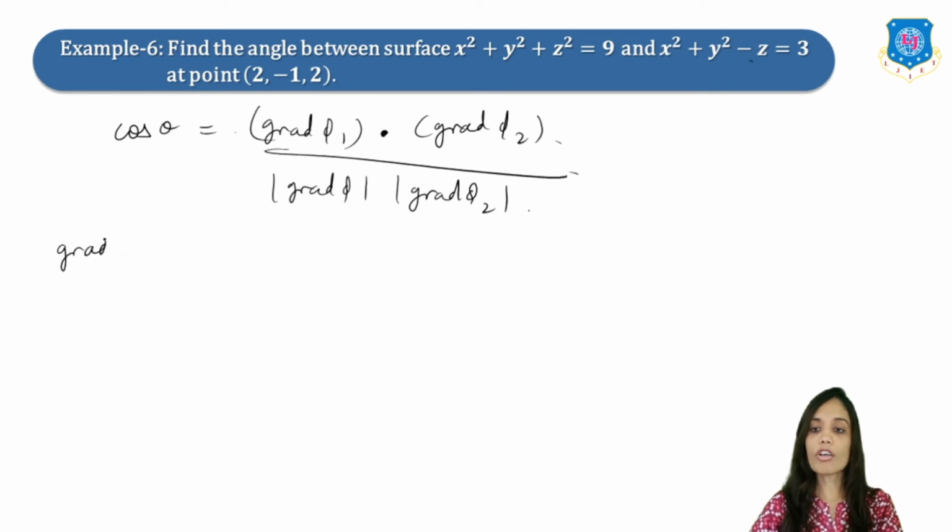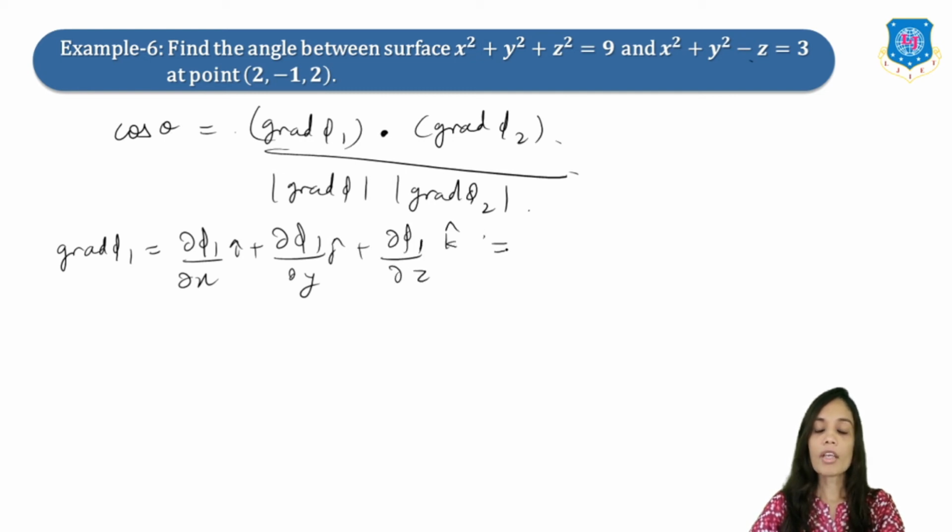So now let us find the gradient of the first surface. Gradient of phi 1 will be equals to del phi 1 upon del x i cap plus del phi 1 upon del y j cap plus del phi 1 upon del z k cap. So let us find the partial derivative of the first surface, that is phi 1 is equals to x square plus y square plus z square minus 9.